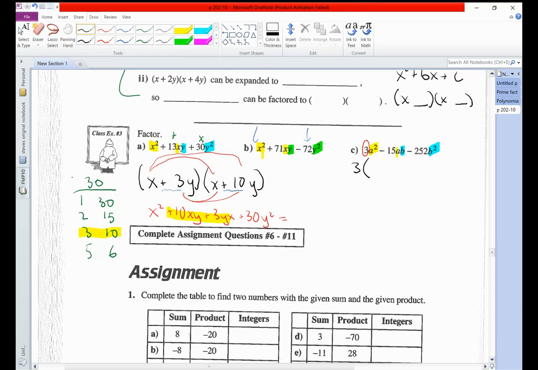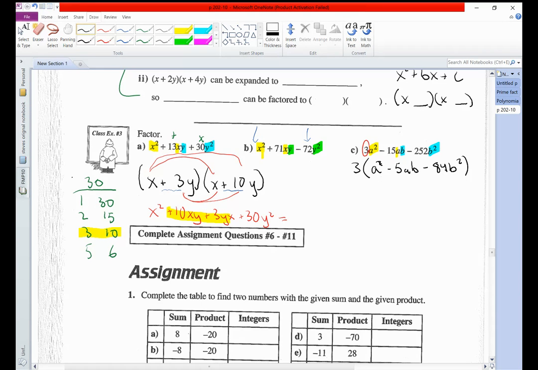So let's put a 3, and if we factor 3 out of the first term, 3 divided by 3 is 1, so we'll just write it as a squared. That was kind of the purpose of this. Negative 15 divided by 3 is negative 5ab. And negative 252 divided by 3, pull out your calculator, punch it in, negative 84b squared.